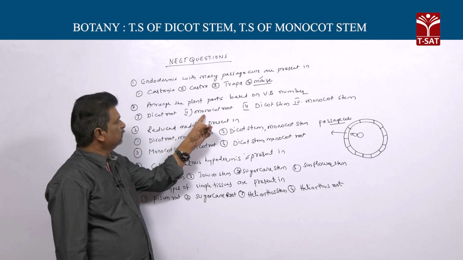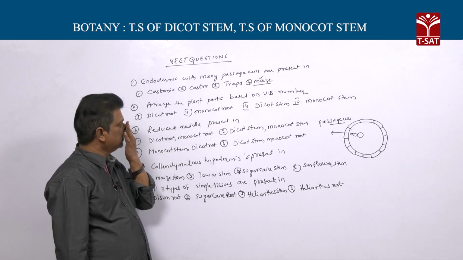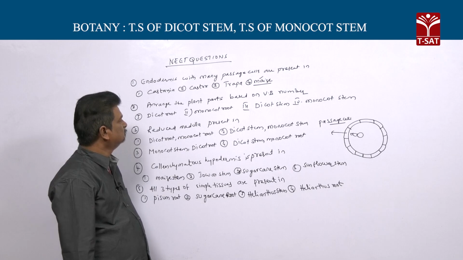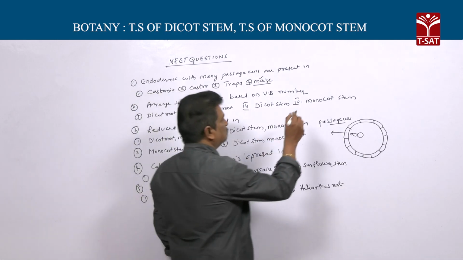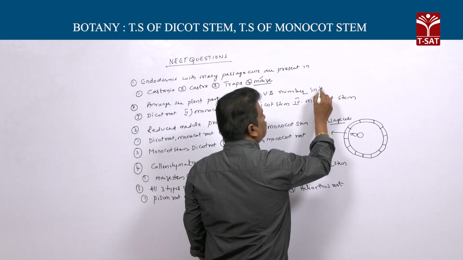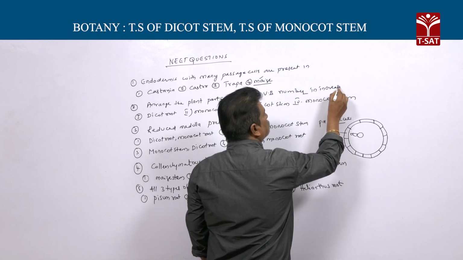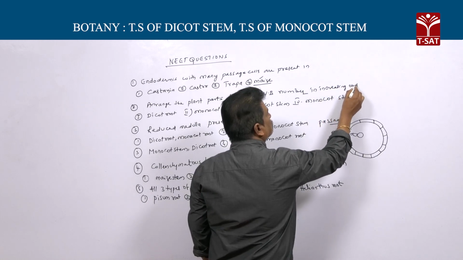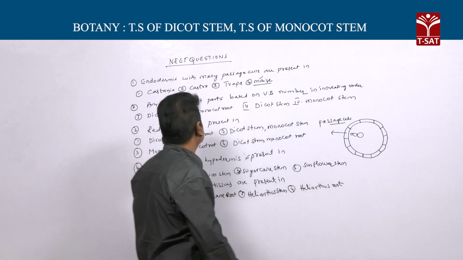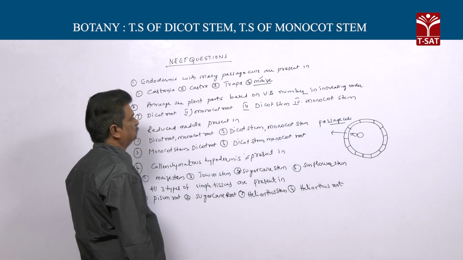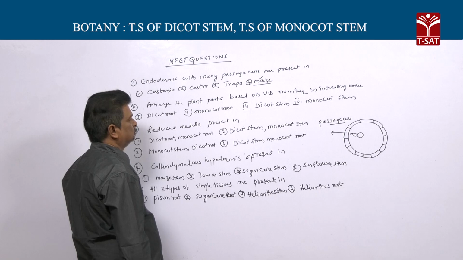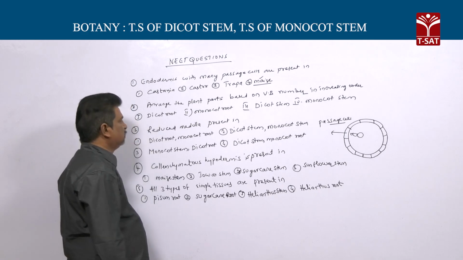Then, arrange the following plant parts based on vascular bundle number in increasing order. Vascular bundles in increasing order.